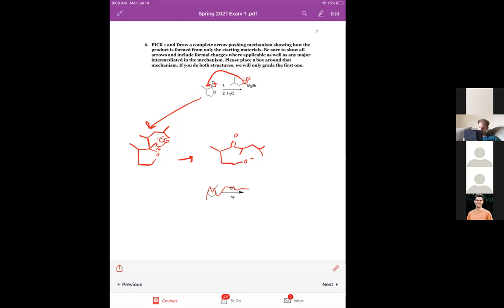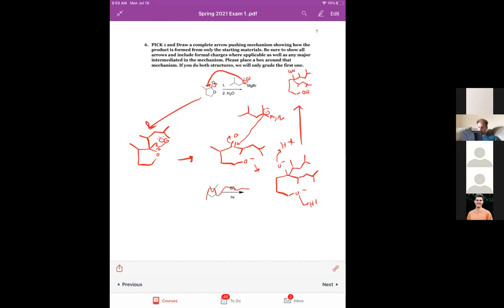Another equivalent of our Grignard can do an attack. And then finally adding in water lets us protonate these to give us our final answer here.